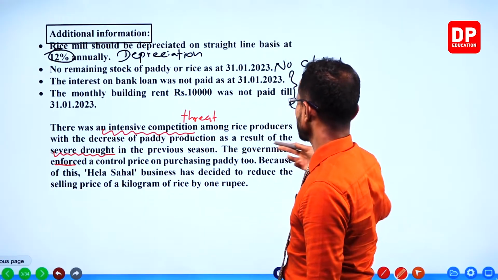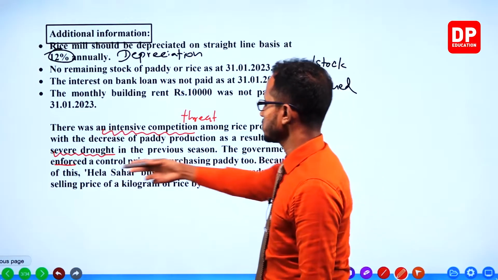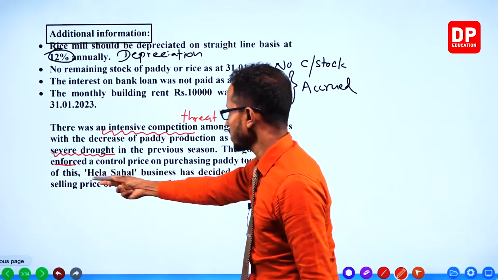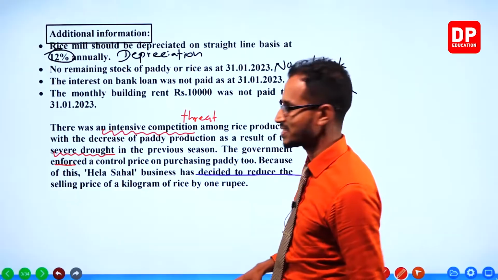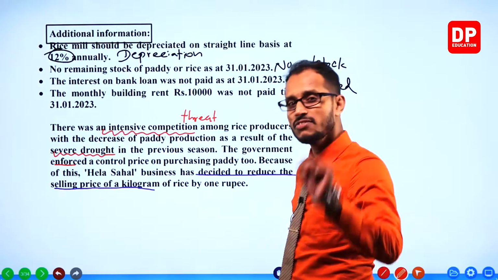Decrease of paddy production as a result of drought in the previous season. The government enforced a control price on purchasing paddy. Because of that, they decided to reduce the selling price. Keywords.